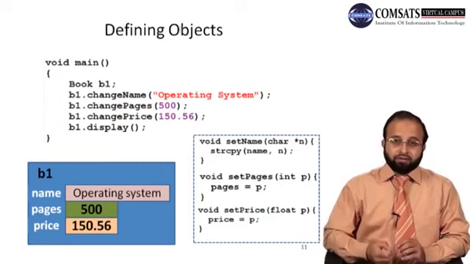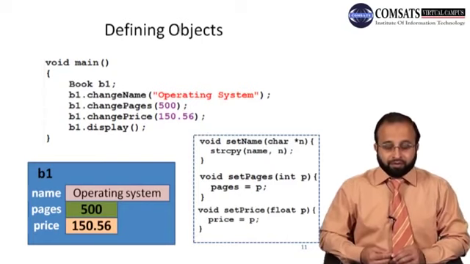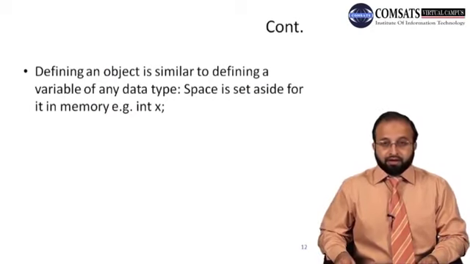So जिस object के साथ function call करेंगे उस object के private data member, they are directly accessible within the class, right?